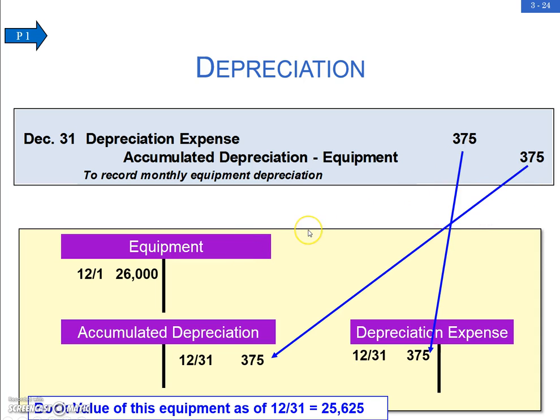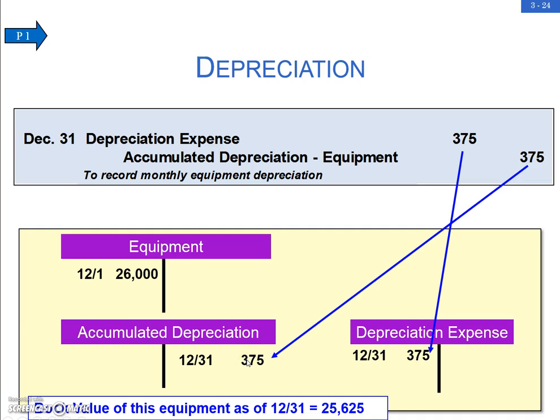So when we post this new and unique adjusting entry to the ledger accounts, this is what it'll look like. Equipment is $26,000, but the accumulated depreciation equipment account, and I'm sorry I couldn't fit that in here, is credited the $375.